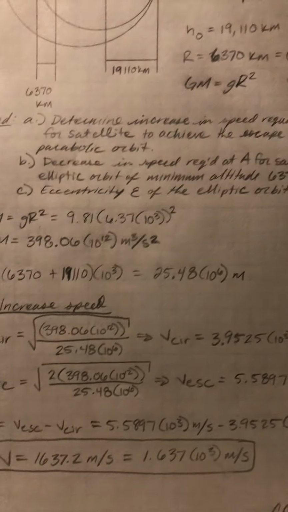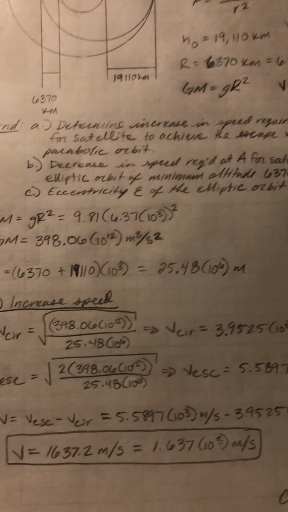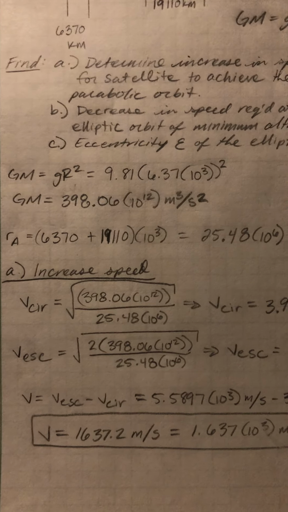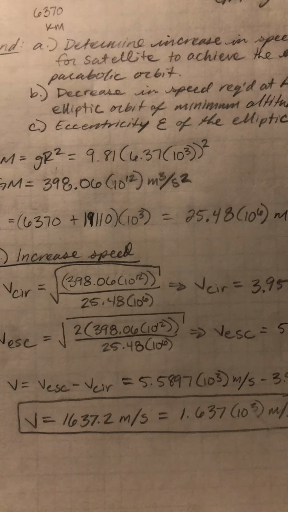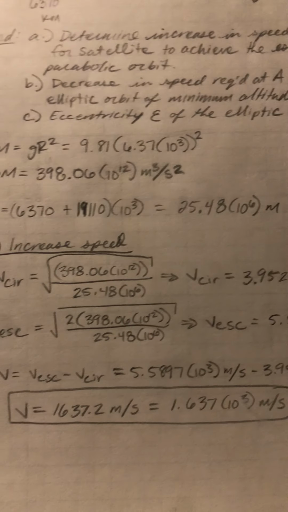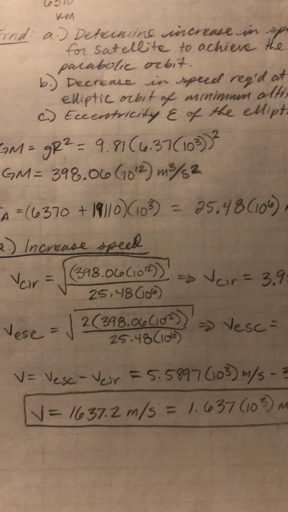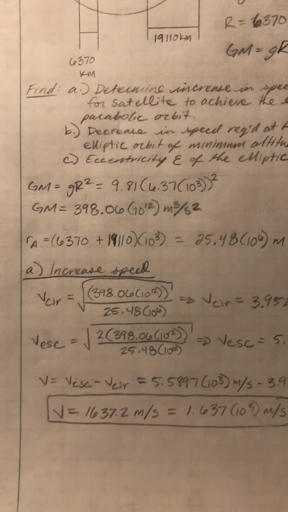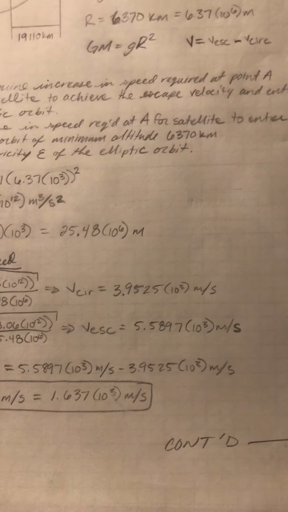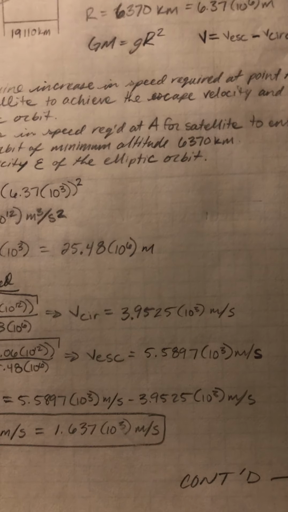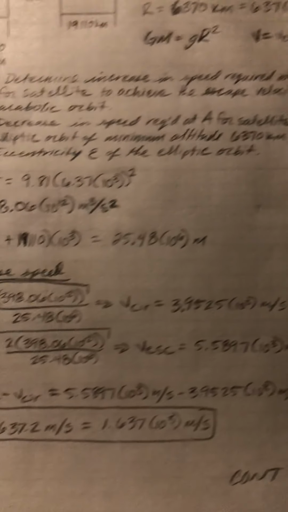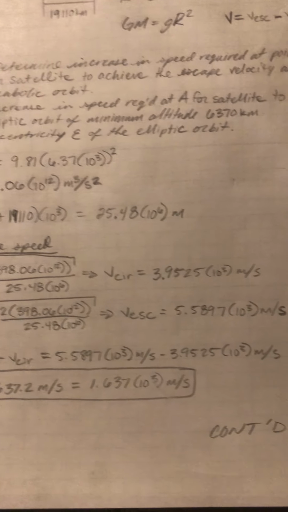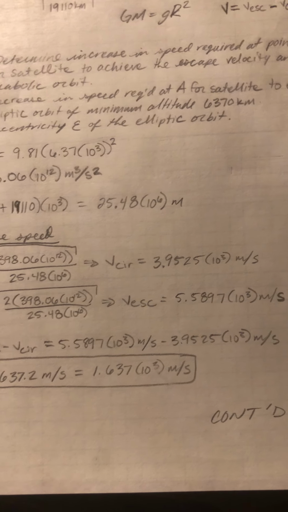So using that, we use two similar equations, as we have the square root of GM divided by the radius at A. So plugging that in for the velocity of the circular motion, we find that that is equal to 3.9525 times 10 to the 3rd meters per second, and our escape velocity is 5.5897 times 10 to the 3rd meters per second.